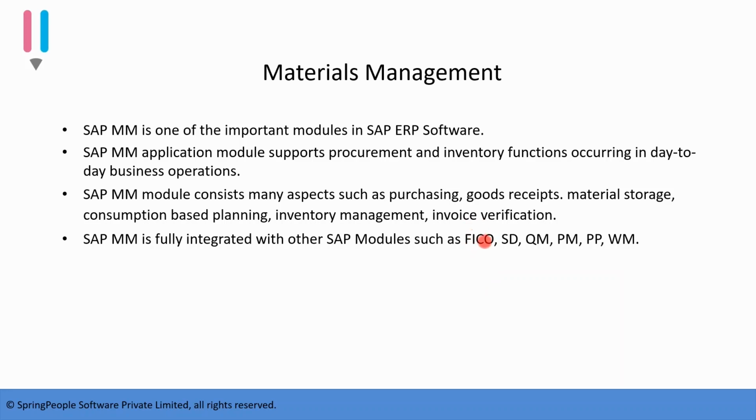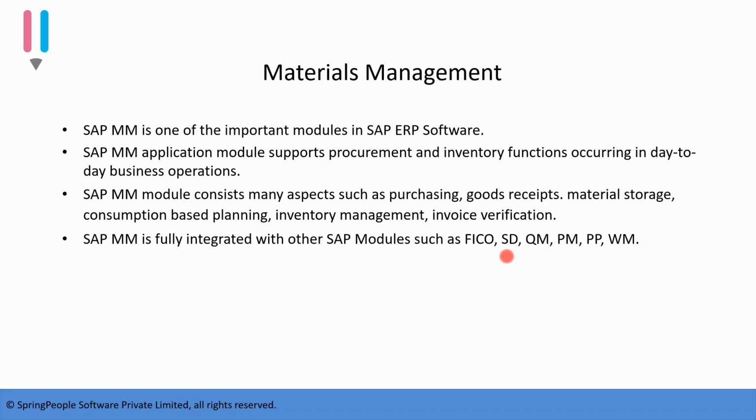I have already told you about the integration between MM and FICO. All the accounts or finance related transactions are handled by your FICO module. FICO is your accounts department. SD stands for sales and distribution.